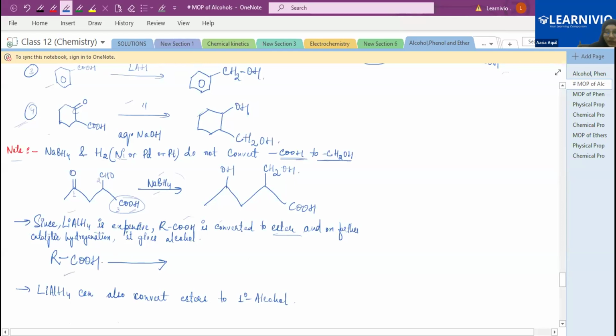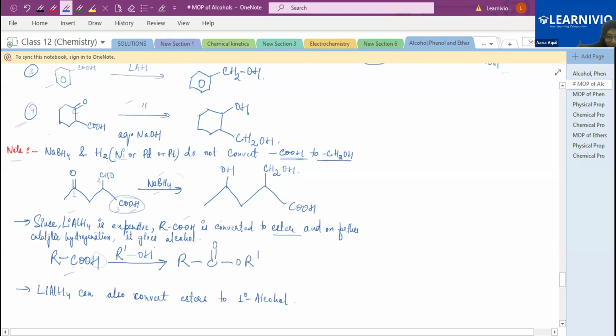When you treat it with, suppose, R-dash OH, alcohol, when you combine these two, you will get the corresponding ester: R COO R dash. From here, water will be liberated.